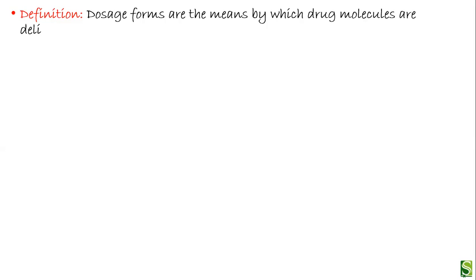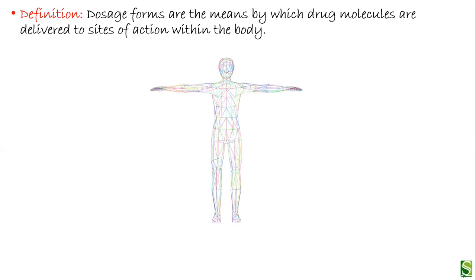Dosage forms are the means by which the drug molecules are delivered to the site of action within the body. Suppose this is a dosage form, and when you take in the dosage form, it moves inside your body.